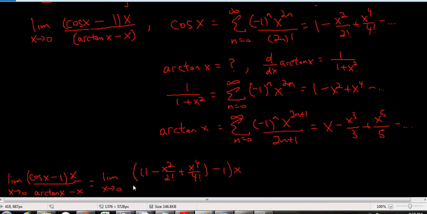And this down here is going to be x minus x cubed over 3 plus x to the 5 over 5 minus etc., and that is going to be minus x.